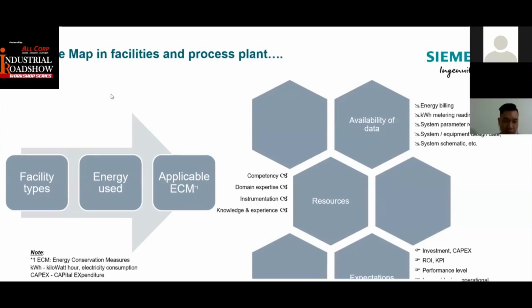Okay, so what are the resources available? In terms of domain expertise, the people who are running the system at the operator level, and what competency and skill set is actually available? Also, in terms of instrumentation, what measurement instruments are available within the facility itself? Then knowledge and experience.